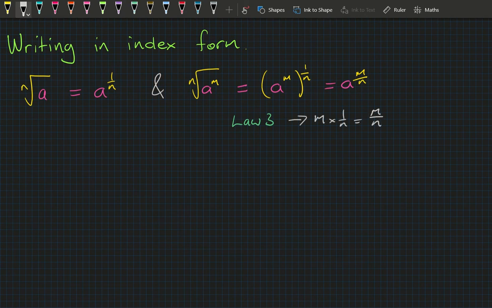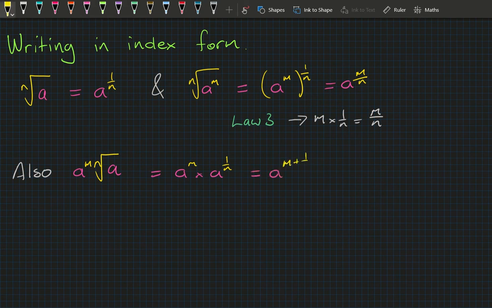And also, if you see a number a raised to the power of m multiplied by the nth root of that same number a, then we can convert that to a to the m times a to the 1 on n, which equals a to the m plus 1 on n by law 1.